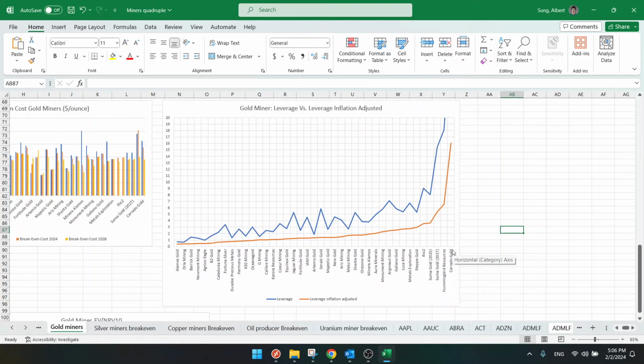Cerrado Gold I wouldn't touch because they are not financed, not permitted yet, so their balance sheet is also highly indebted.